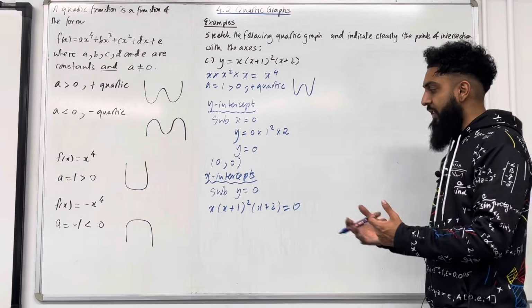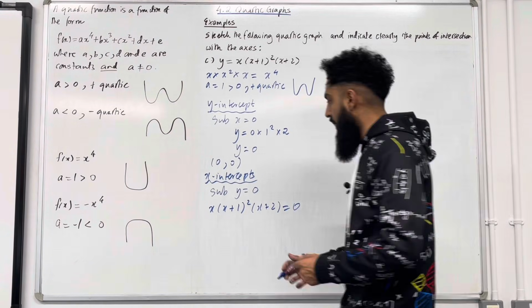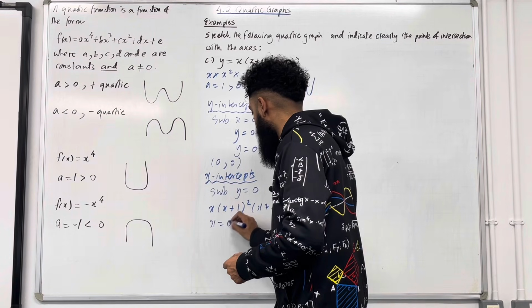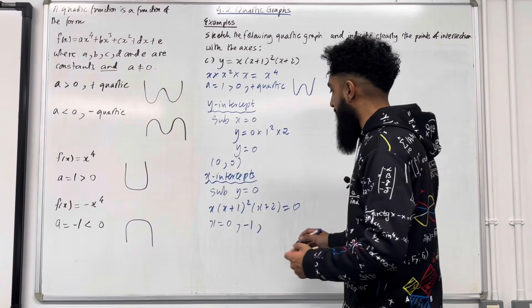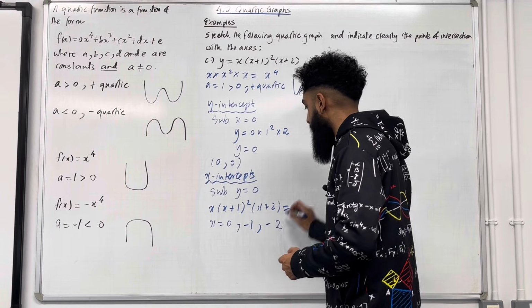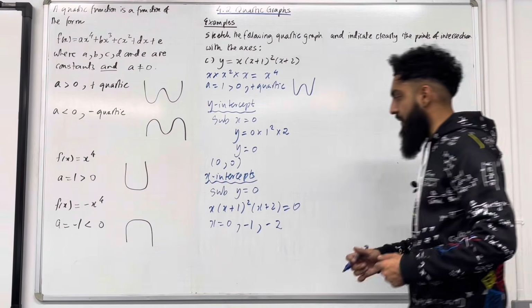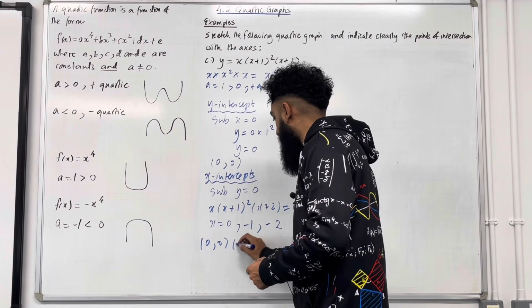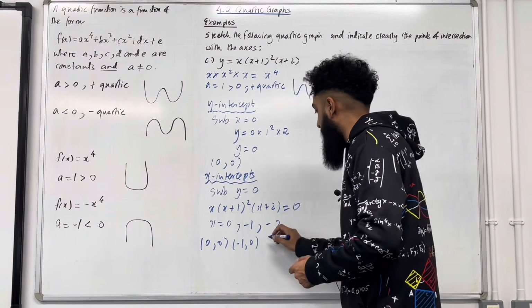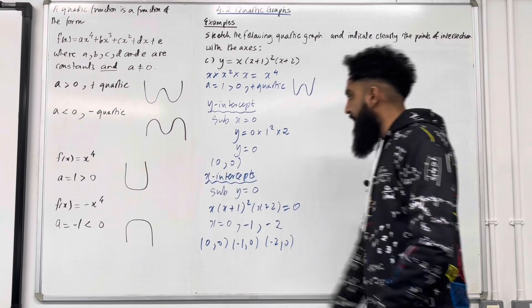So the roots, or you could say solutions, of this particular equation are x equals 0, x equal minus 1, and x equal minus 2. So my x-intercepts are 0, 0, minus 1, 0, and minus 2, 0.